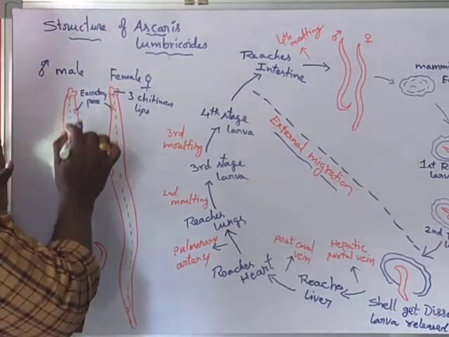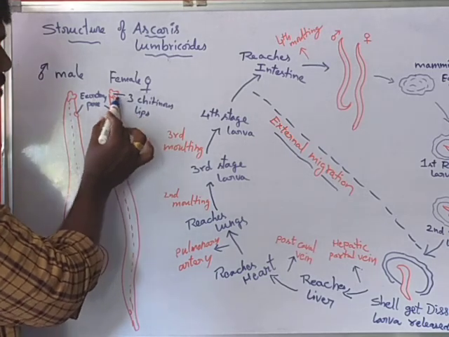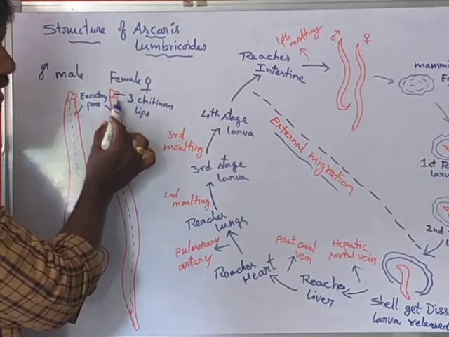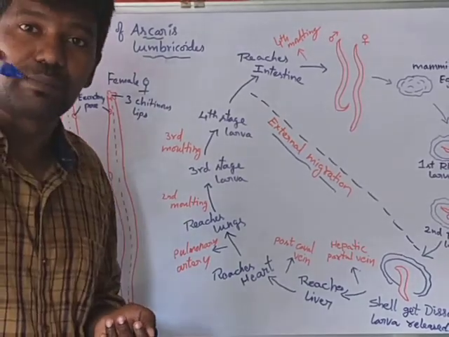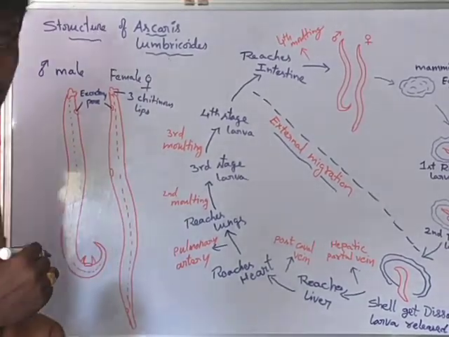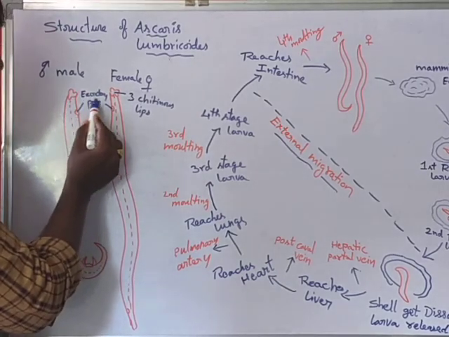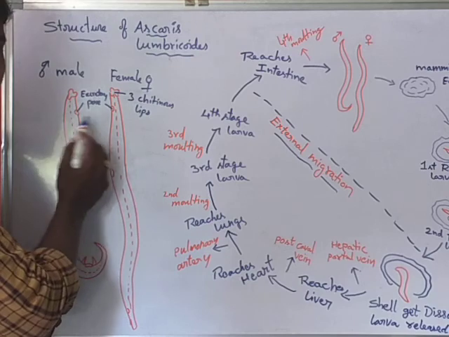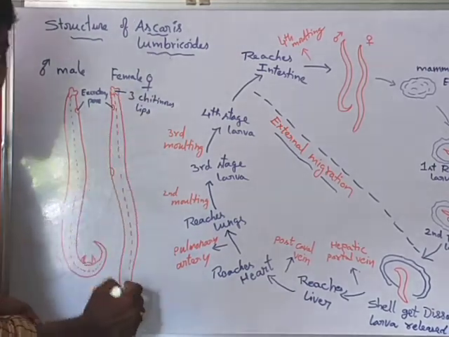At the anterior end they have three chitinous lips. In the middle of the lips there is an aperture called the mouth. Below the mouth there is an excretory pore in both individuals. This one is the male individual, this is the female individual.